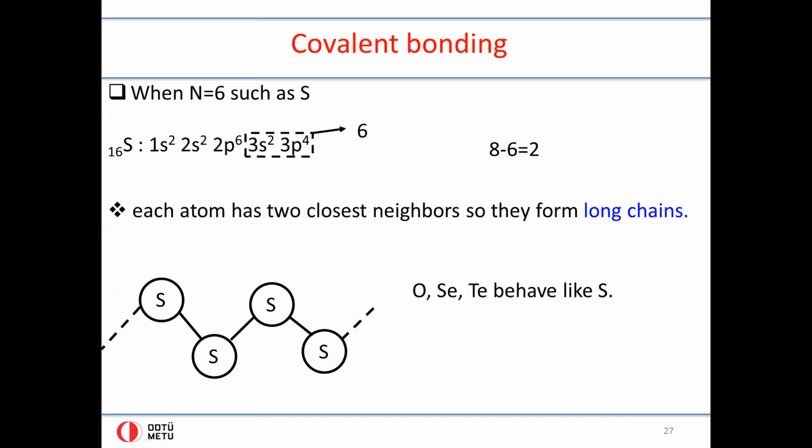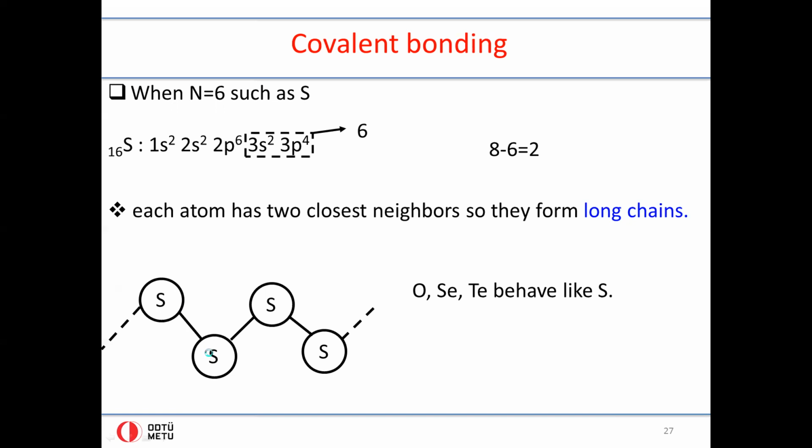When you have 2 electrons missing, you can share 2 electrons, 1 with each neighbor, and this will allow you to form a chain-like structure.